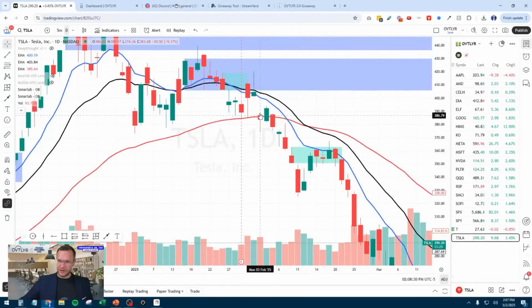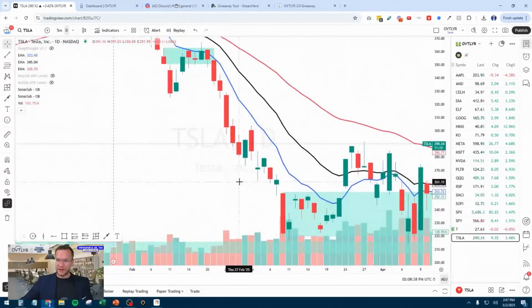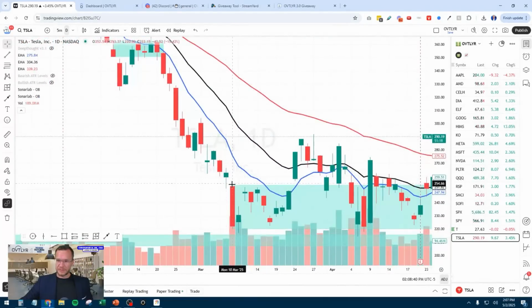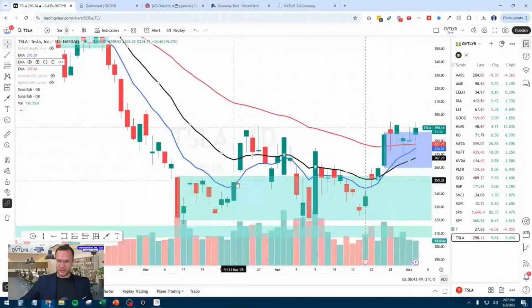Like right here to here, that's a big gap. What percent is that? I don't know. I don't really pay all that much attention to overnight gaps. But that's what it is. It's just from the top of one to the bottom of the other. How far is that? Sometimes that's a big gap, sometimes it's a small gap.